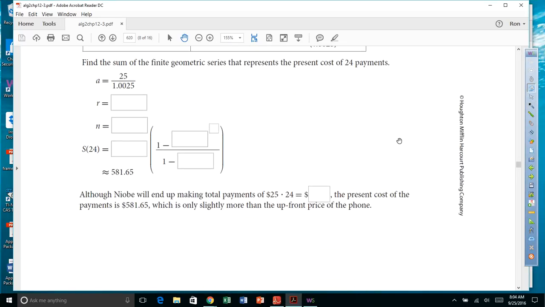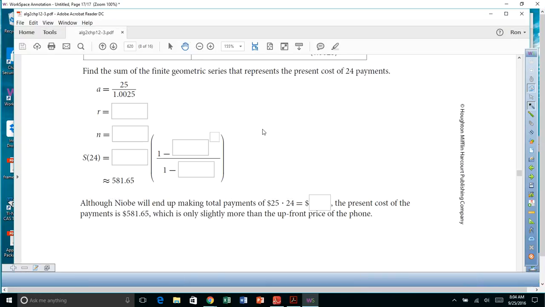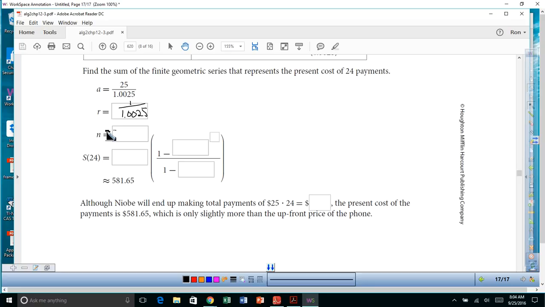So 25 divided by 1.0025 is the first term, and R is going to be 1 over 1.0025. N is going to be 24.